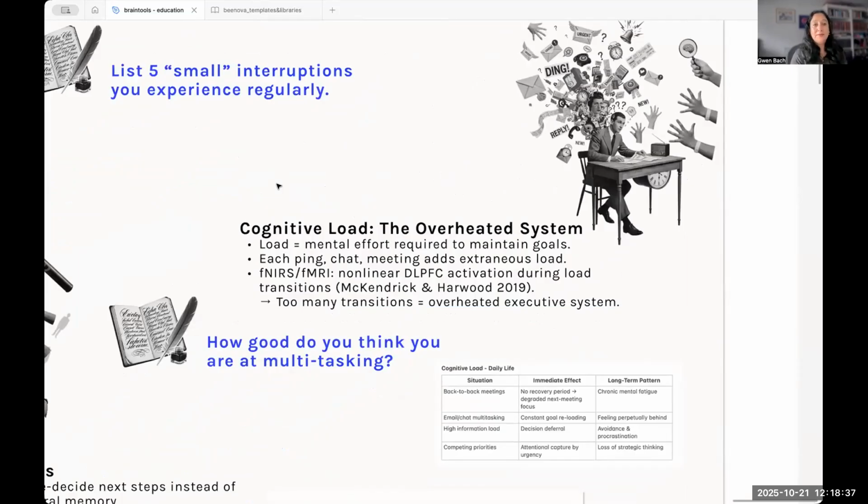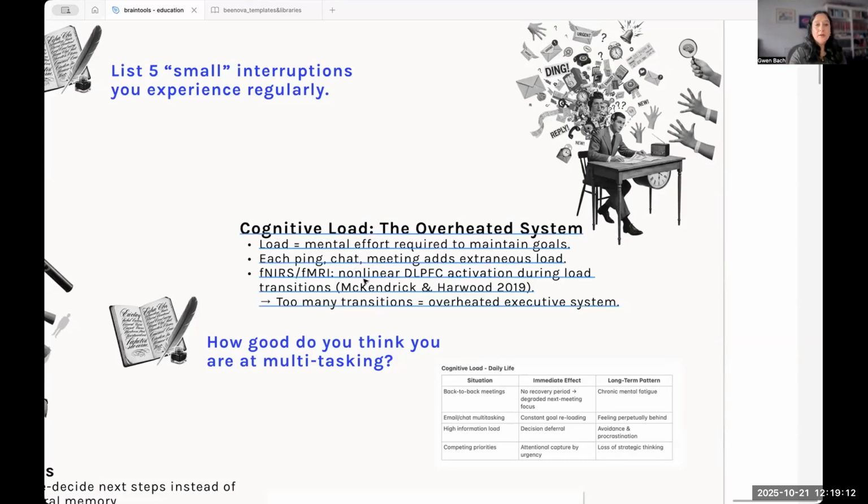And this means that we have a finite capacity for that, because all of that mental effort trying to hold all those balls, like somebody juggling balls, trying to hold that together and still staying focused on our goals makes it very hard and very stressful. So each bling, each chat, each new email that pops up or another meeting interrupting the flow of thought adds to the load that we're dealing with.